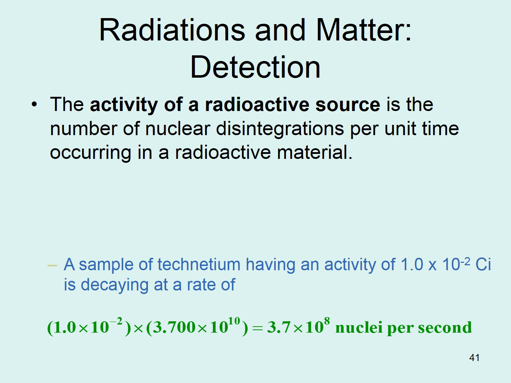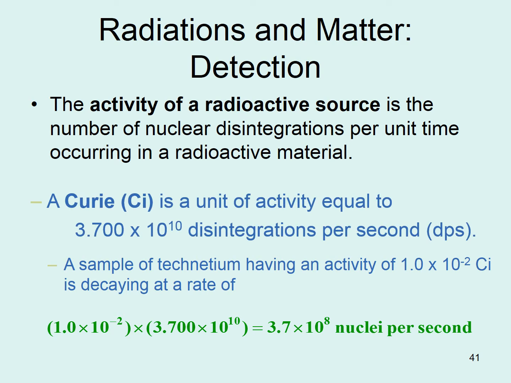So the activity of a radioactive source is the number of nuclear disintegrations per unit time. One of the units that we use to measure radioactivity is called a Curie, and this is a unit of activity equal to 3.7 times 10 to the 10th disintegrations per second, or DPS.